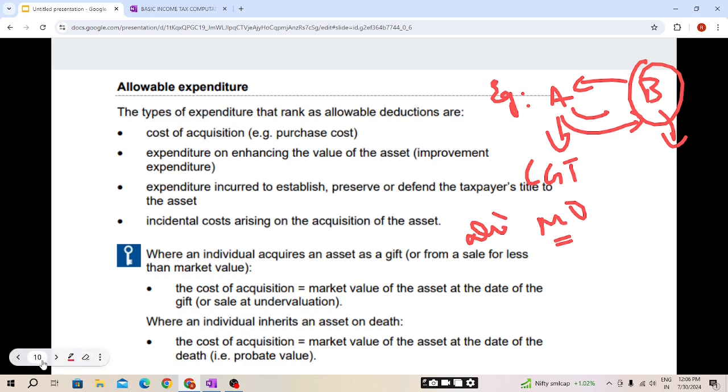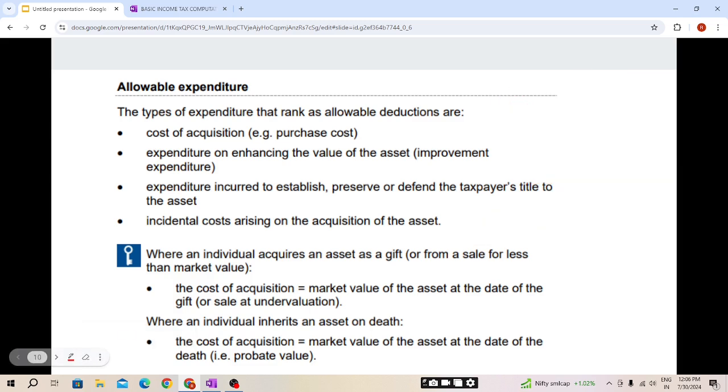If an individual inherits an asset, it means he receives the asset from his father, his grandparents or other ancestors on their death. Inherit means, students, the individual will receive the asset on the death of his ancestors. Then in that case, when B sells it, the acquisition cost will be the market value of the asset at the date of the death.